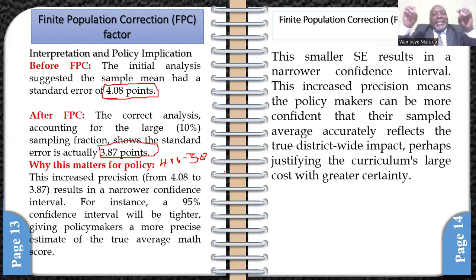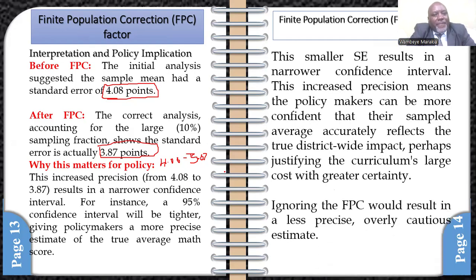This smaller standard error results in a narrower confidence interval, and this increased precision means the policymakers can be more confident that their sample average actually reflects the true district-wide impact. Of course, justifying the curriculum's large cost with certainty.